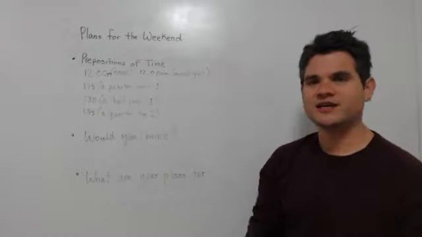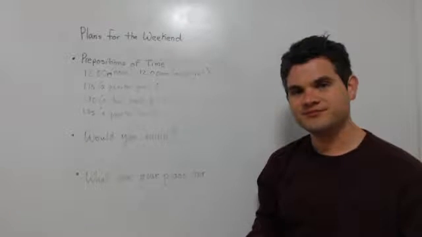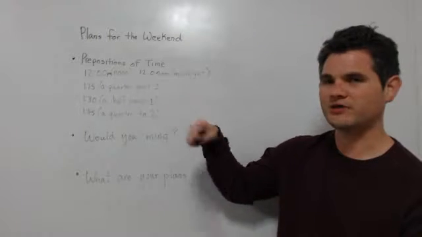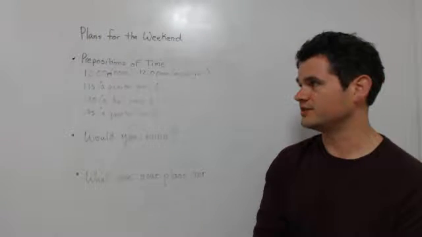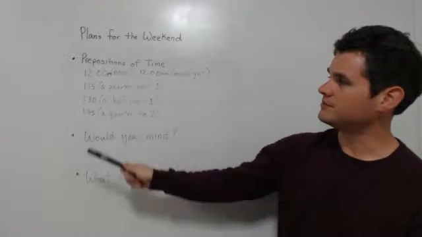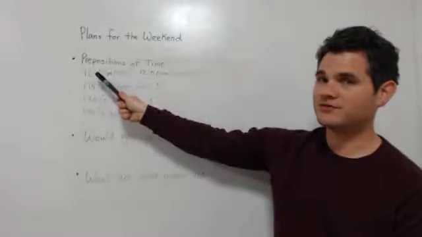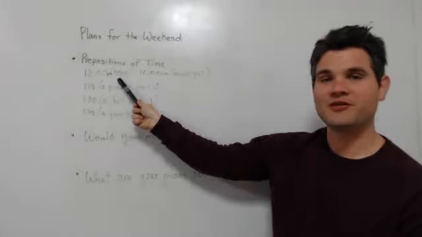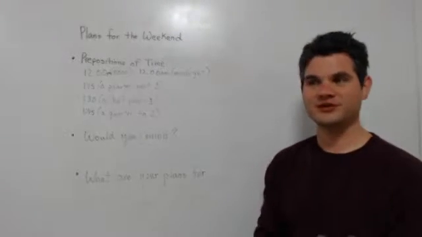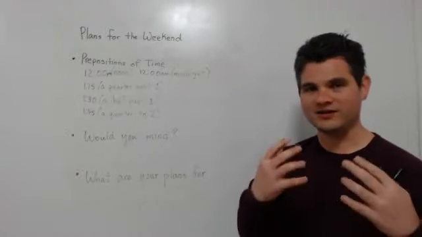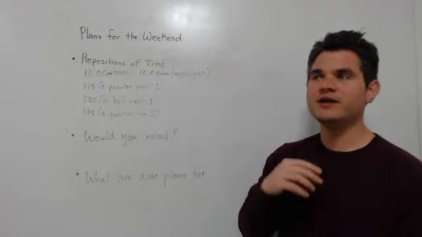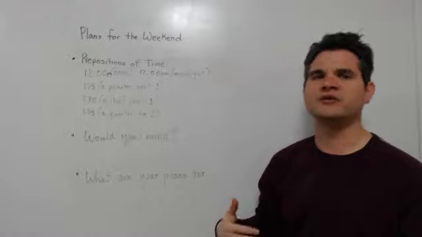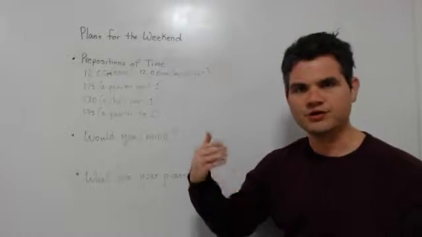Okay, so as I said in the lesson video, I want to just do a quick review of prepositions of time. Right here, I've got 12 o'clock p.m. written. We would call that noon. So if you're going to meet with your friends and you're asking what time, they'll say, "Oh, we'll meet at McDonald's around noon."